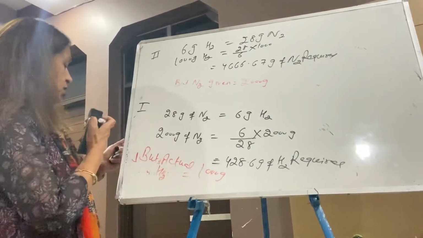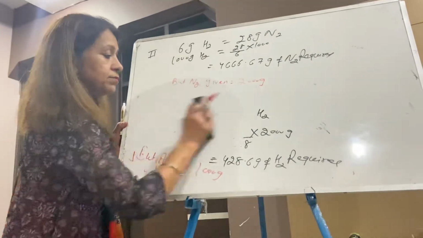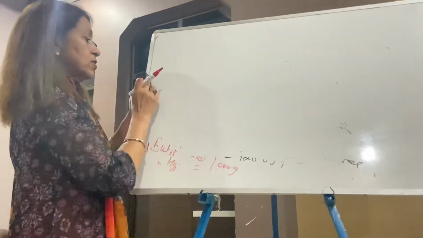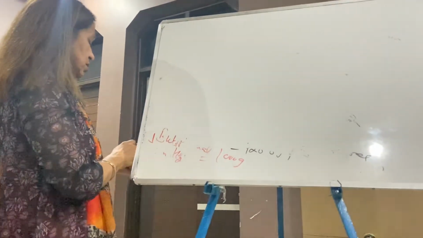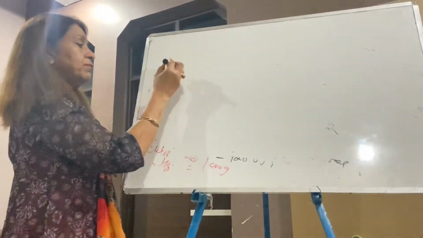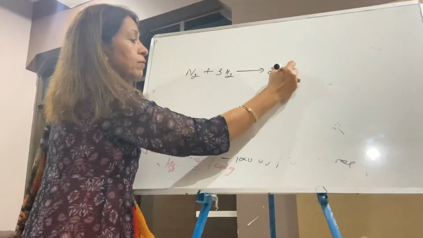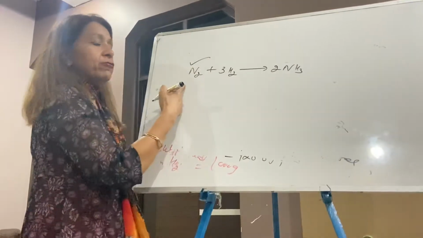Again write the reaction. Third time you will write the reaction: nitrogen plus 3 hydrogen arrow 2 ammonia. Mark it: nitrogen is the limiting reactant.